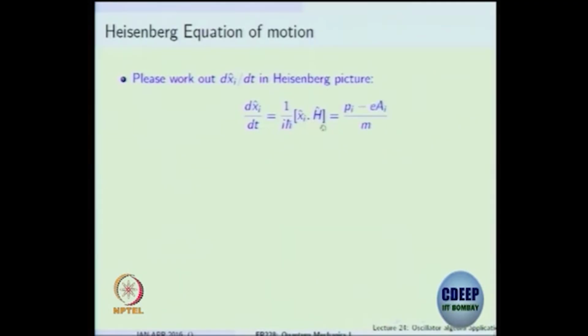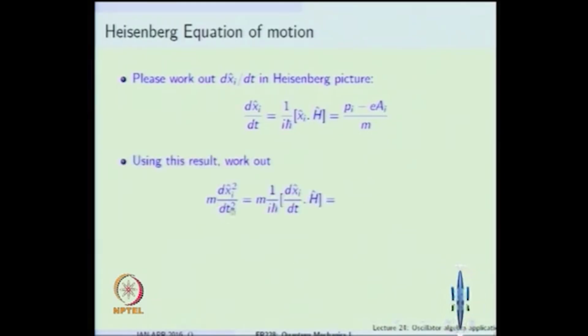We would like to work out m d squared xi by dt squared, which is d by dt of dxi by dt. So the operator dxi by dt will show up on the right hand side in a commutator with the Hamiltonian.